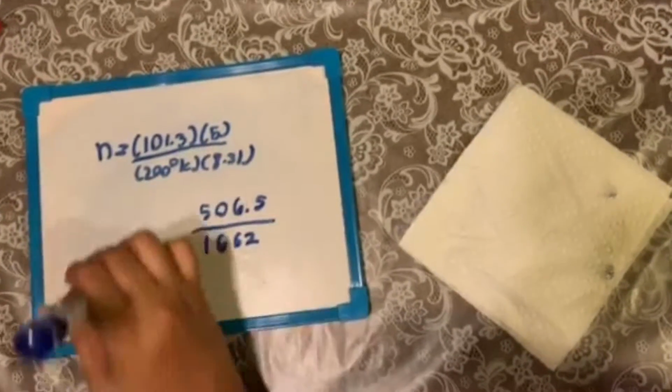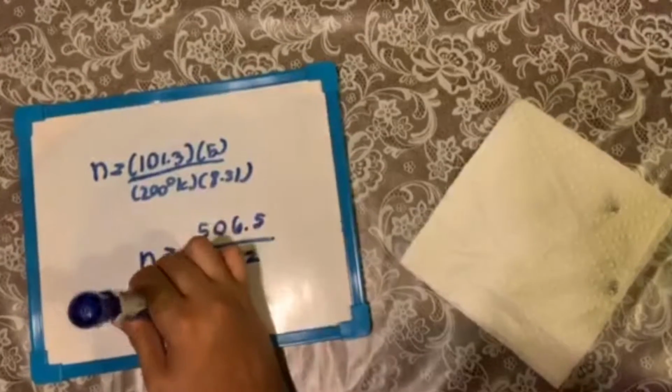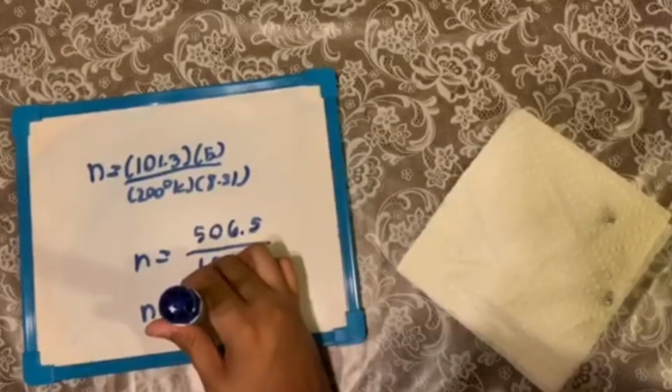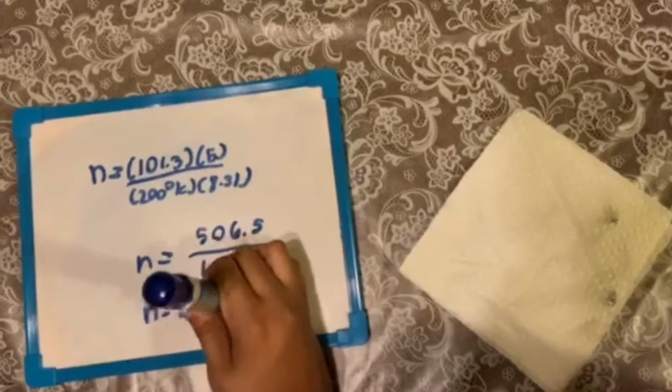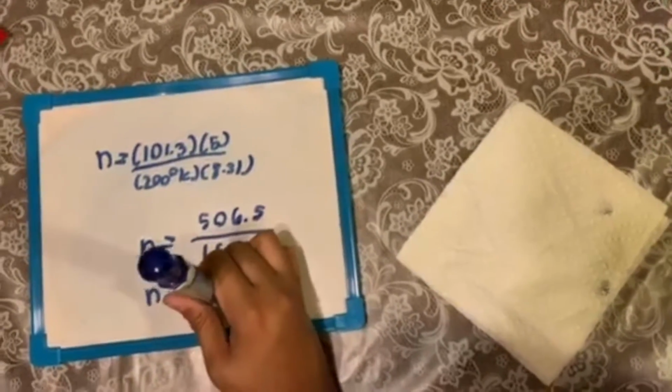So you would just divide, solve for n, and that would give n being 506.5 divided by 1662, being 0.3047 or 0.305 moles. And that is the ideal gas law in action.